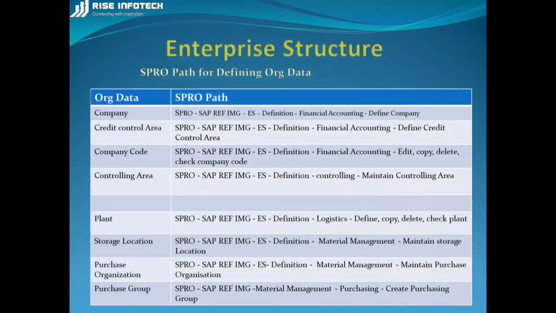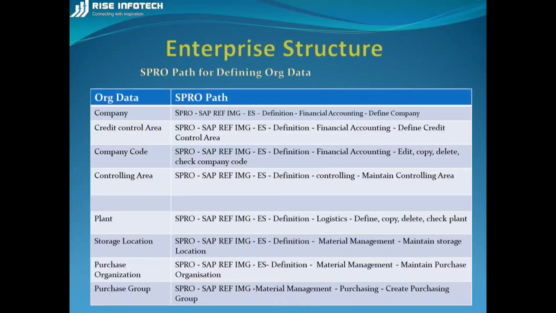Moving ahead, enterprise structure: the SPRO path for definition of org data. For company, it would take long to explain the SPRO path while we are logging into the SAP system. We first go to SPRO, then SAP Reference IMG, then Enterprise Structure, then Definition.